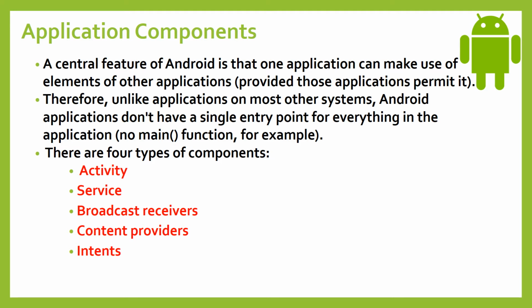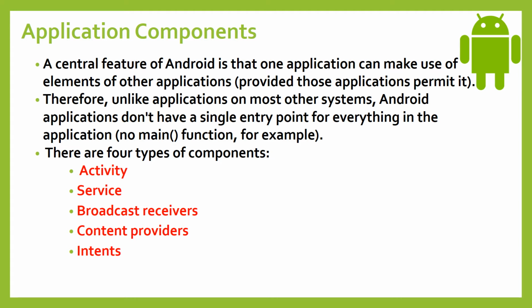So what are the application components, or the components of an app? An important feature of Android is that one app can make use of the elements of another application. Your own app could make use of GPS, which could be another app. It could make use of maps, which is again another app.